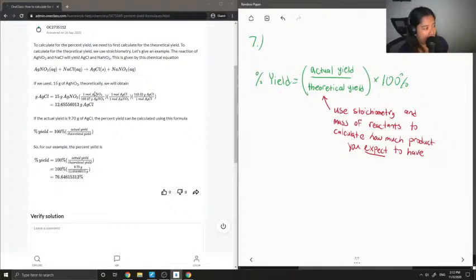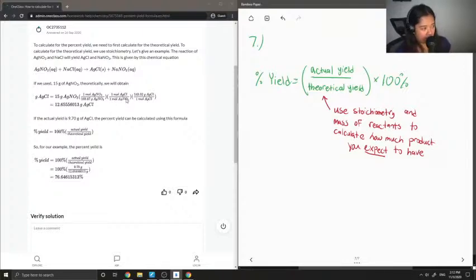So to calculate the theoretical grams of silver chloride, let's say, you have your 15 grams of silver nitrate, and then you want to find out the number of moles that you get for silver nitrate. So they did that just by dividing by the molar mass. And then to convert to how many moles of silver chloride, you need to multiply by the molar ratio.